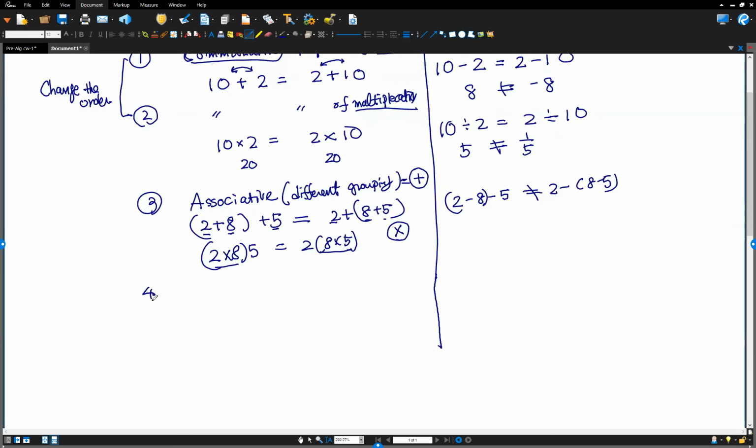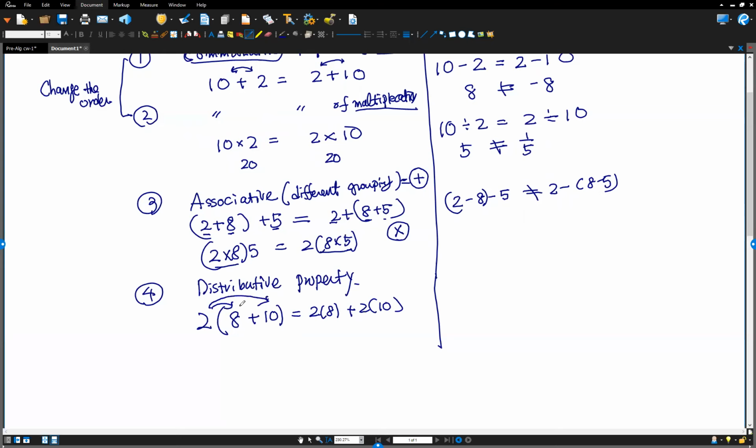Now the next one is the distributive property. The distributive property is 2 times what is inside the addition. This sum is 2 times 8 plus 2 times 10. Distribute to both numbers.